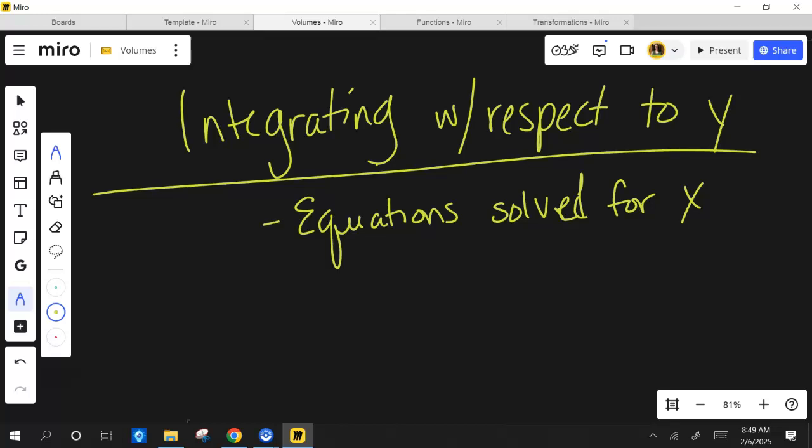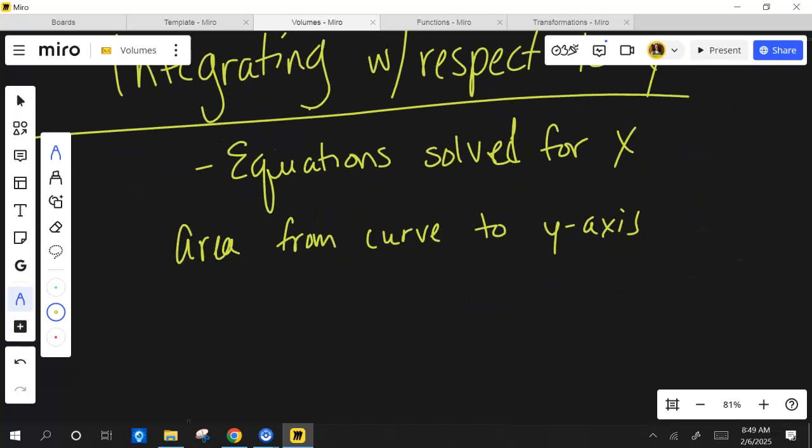Whereas when we're integrating with respect to x, we take the area from the curve down to the x-axis, this time it takes the area from the curve to the y-axis. Whereas before these have been x values, now these will be y values. So it's where they intersect top to bottom instead of left to right.